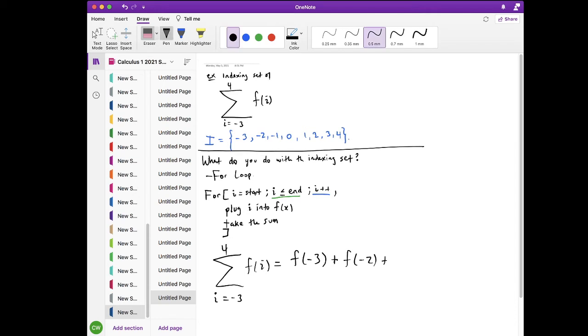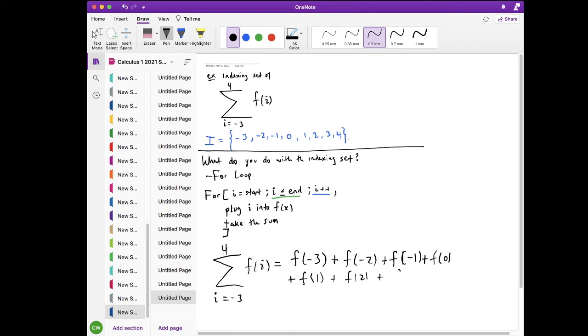So f of -1, and then f of 0, and then f of 1, f of 2, f of 3, and we stop at f of 4, because that's the end of the index. So you start at f of -3, you keep on adding 1 and plugging it in, and then you end at f of 4.